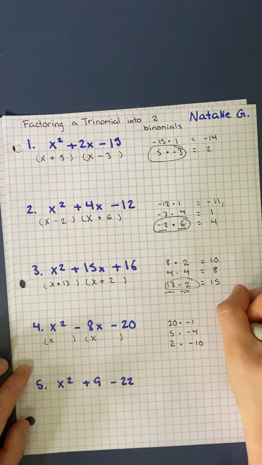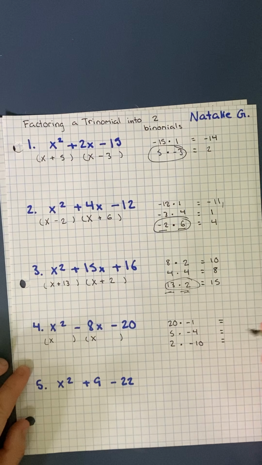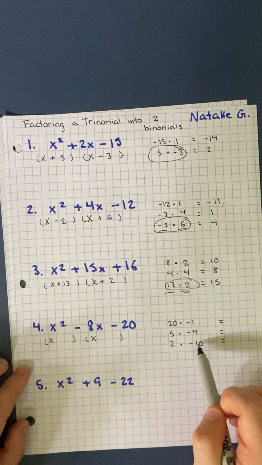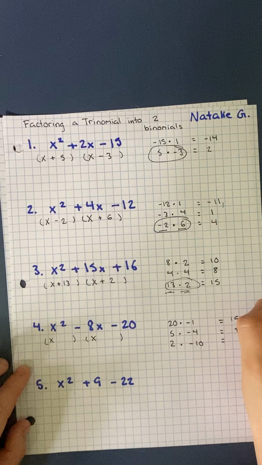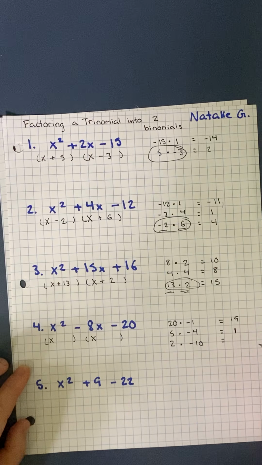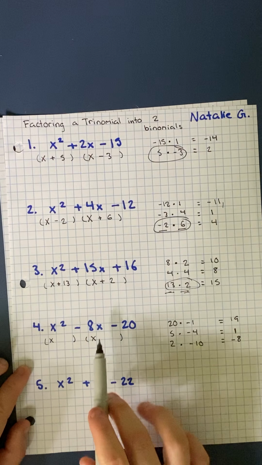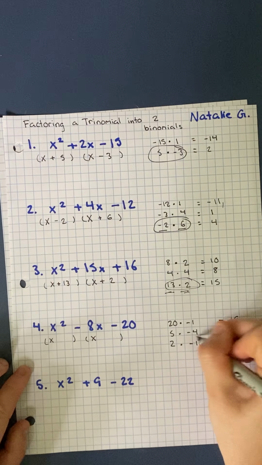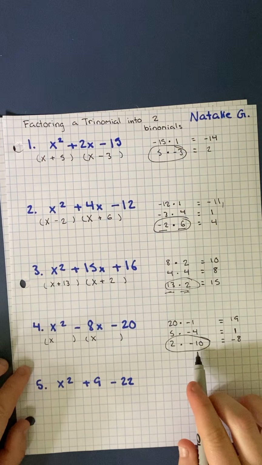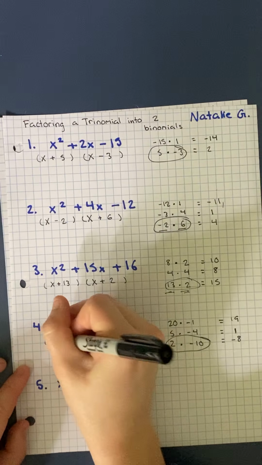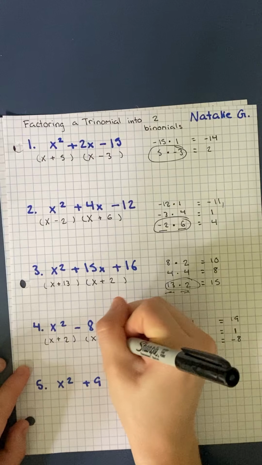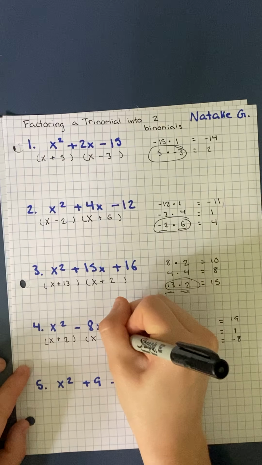Going back again and adding up the sums of all of these numbers, this would be 19, this would be 1, and this would be -8. So again, this is -8, and this is also -8, so this is our proper equation to use, and you're just going to separate the terms out, which would be +2 and -10.